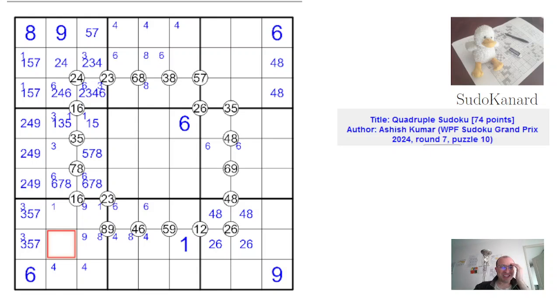So what remains? 1, 2, 3, 4, 5, 6, 7, 8. But no, 8 is not available because there's an 8 in here. So we're left with a 3, 5, 7 triple. So those must be 1, 2, 4, 8, 9.